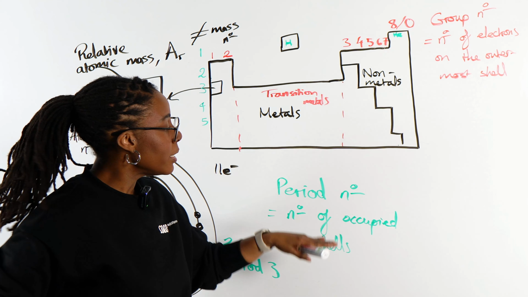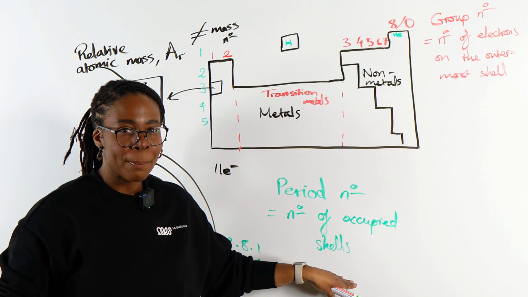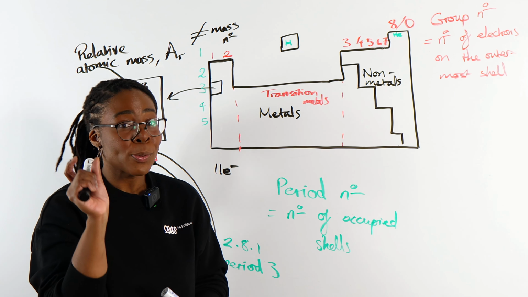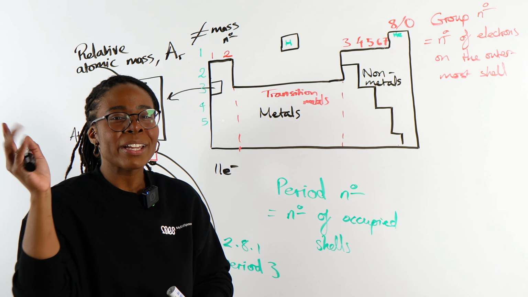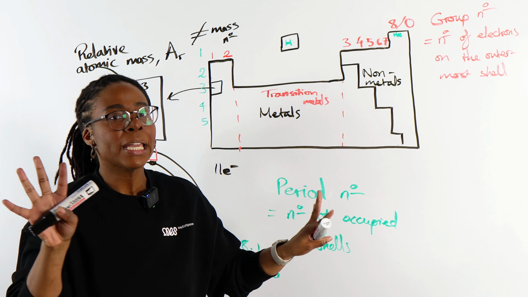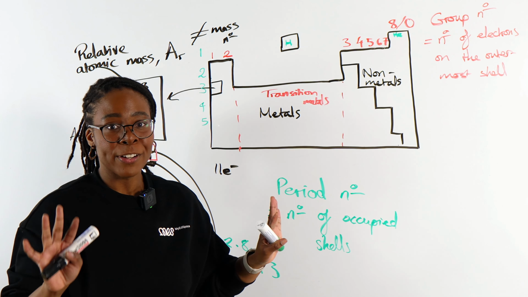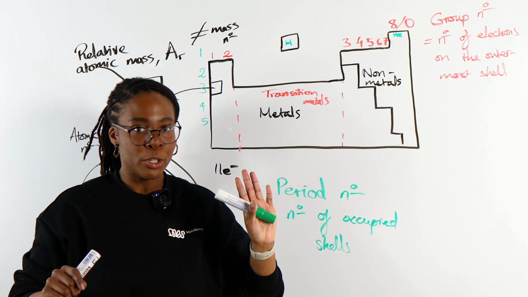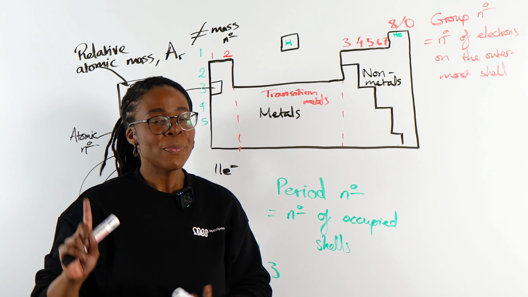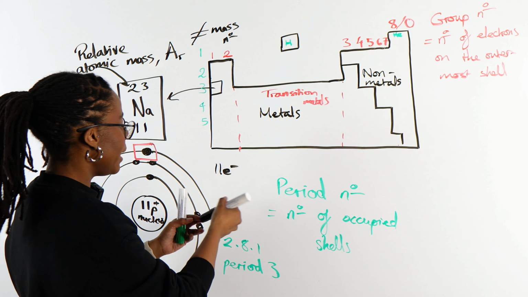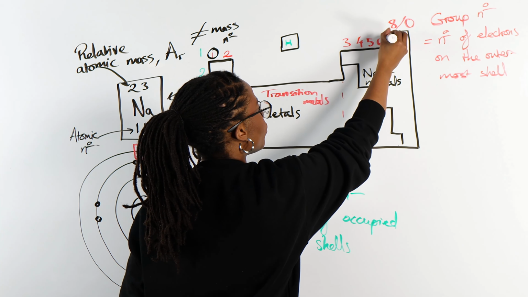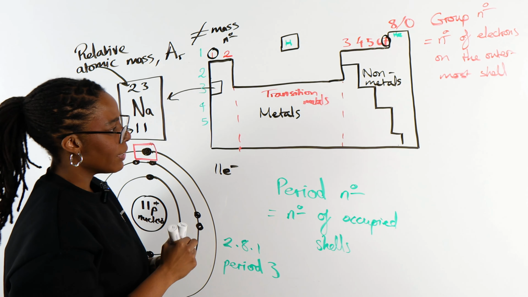But depending on the number of shells, so the period number, that's going to affect how reactive they are. So they might react with the same things, but one might react very slowly, very calmly, and then something else might react very, very vigorously as we go either down the group or up the group, depending on where we are. And we look at that in detail in your course when it comes to group 1 and when it comes to group 7.